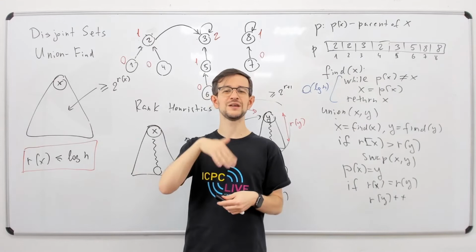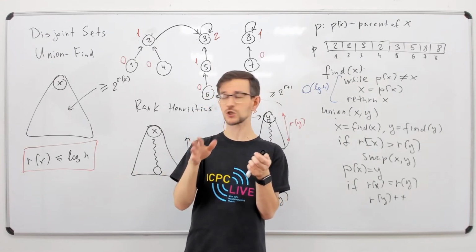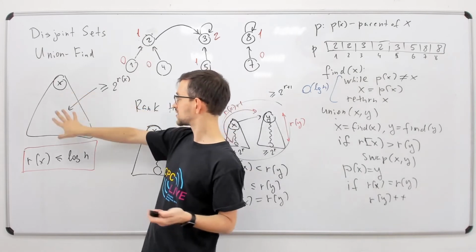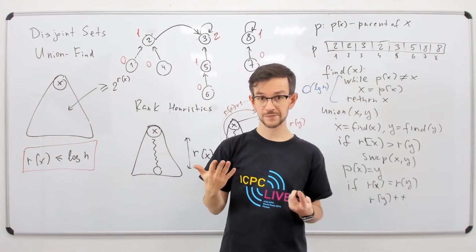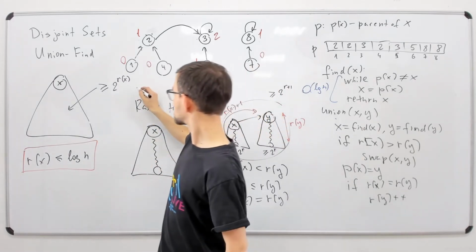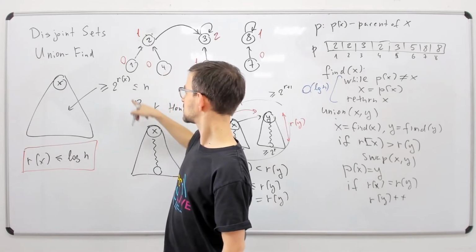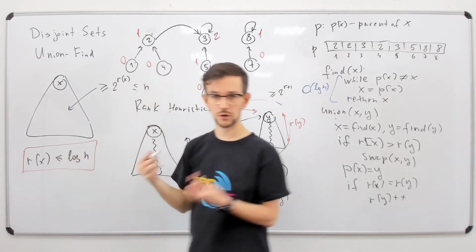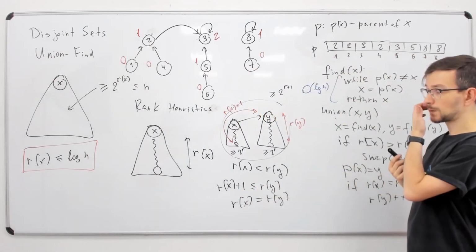So at each moment of the lifetime of the data structure, for each element x, the size of this tree is at least 2 to the power of the rank of x. And since this is no more than n, it means that the rank of x is no more than logarithm of n. That's all.